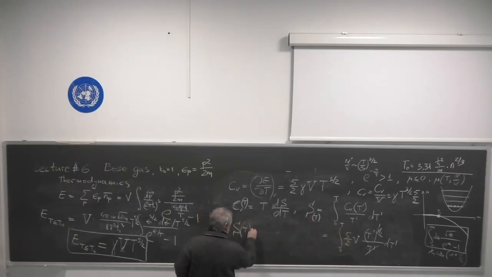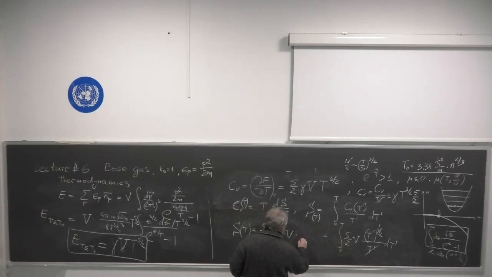Therefore, S as a function of temperature is equal to 5/2 divided by 2/3, multiplied by 2/3, multiplied by volume, multiplied by gamma, multiplied by temperature to the power 3/2.